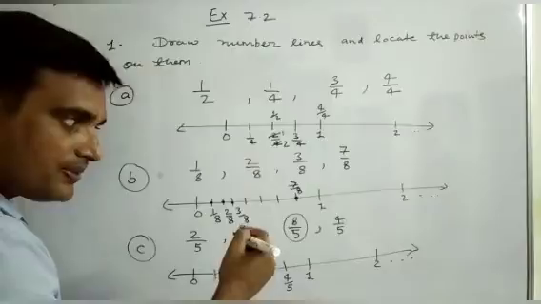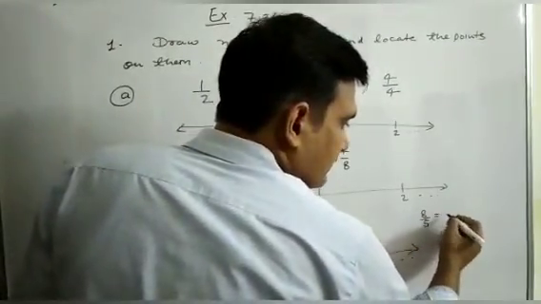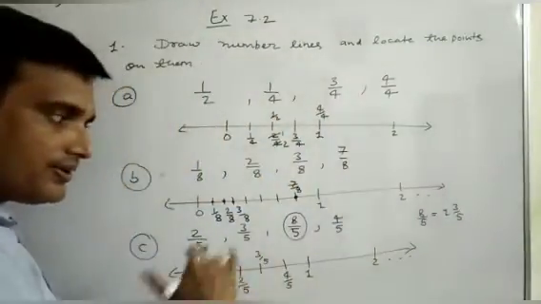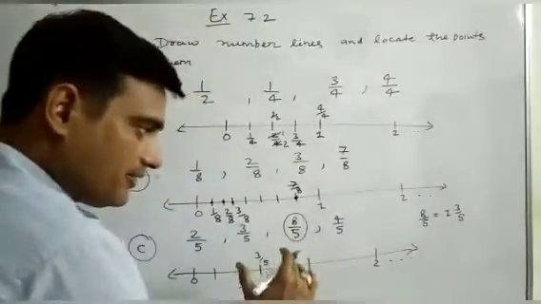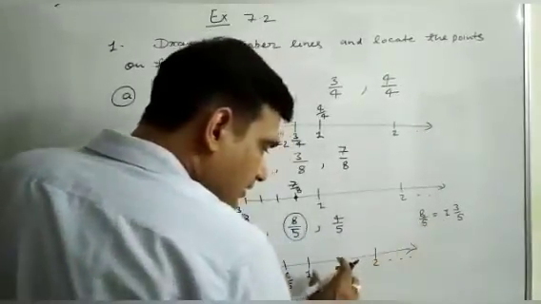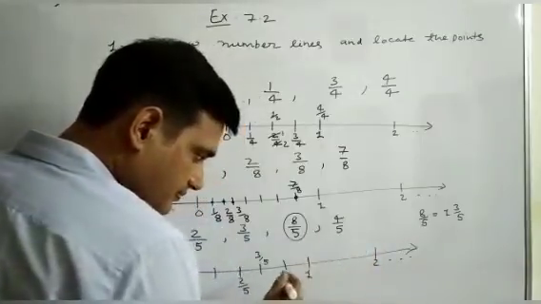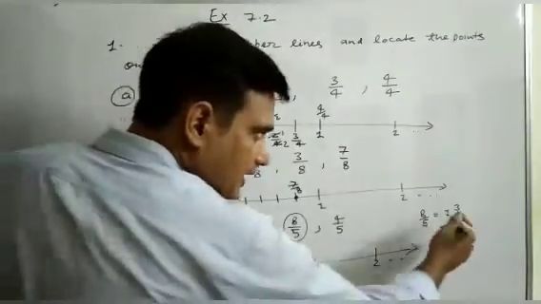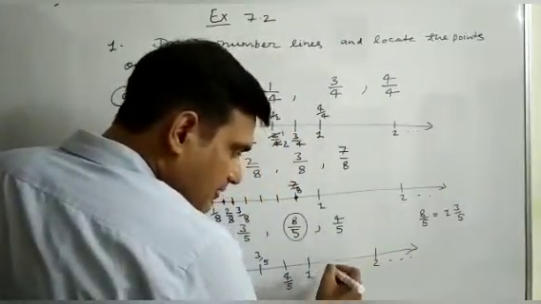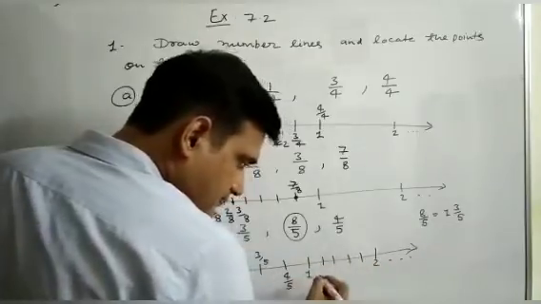First we convert 8 upon 5 into a mixed fraction: one whole number 3 upon 5. Now here we see that 8 upon 5 always lies between 1 and 2. Okay. Now we divide 1 and 2 in 5 equal parts. 1, 2, 3, 4.